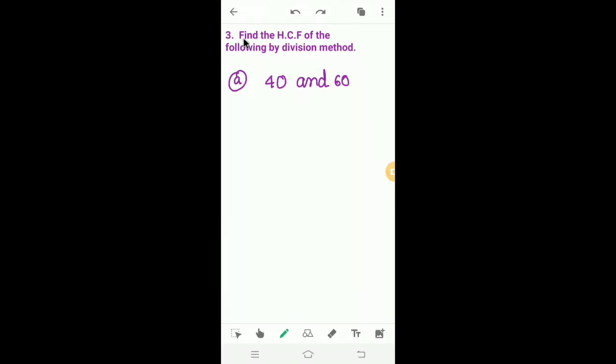Let's solve third main. Find the HCF of the following by division method. Here we have to find out the HCF of 40 and 60 by common division method. So first we have to write 40 and 60 together separated by commas.